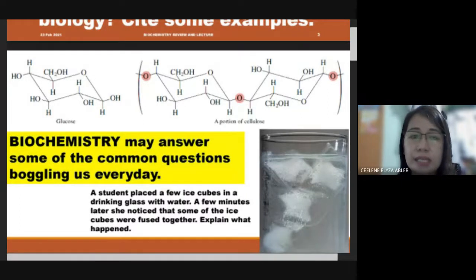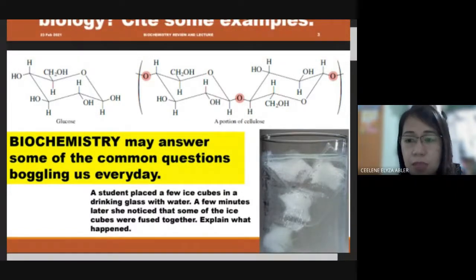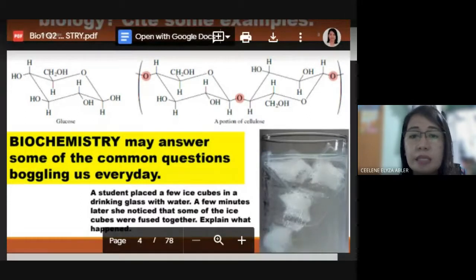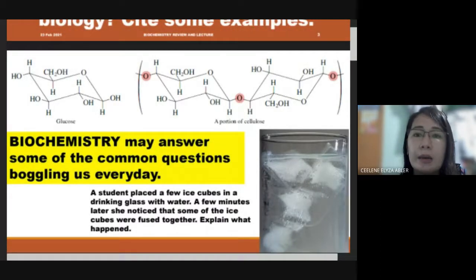There we will discuss the differences between the structures of glucose and cellulose, what the alpha and beta structures are, and the Fischer and Haworth projections for carbohydrates. That is a separate discussion for students who will be taking biology-related degrees in college.